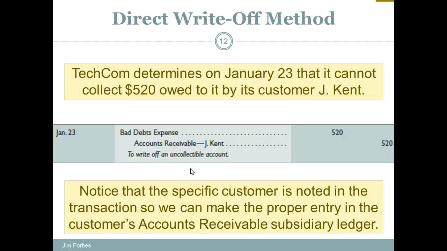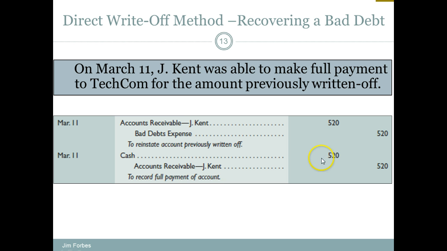The direct write-off is when you determine it's bad debt, you're just directly writing it off to that specific account. You're doing it to the accounts receivable because they haven't paid you, so you need to reduce the accounts receivable now and record that as a bad debt expense.